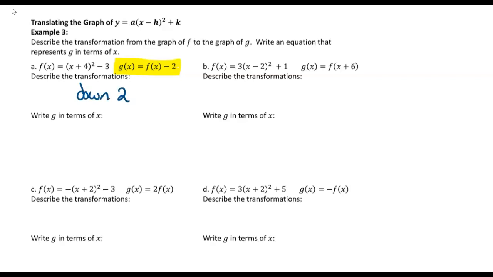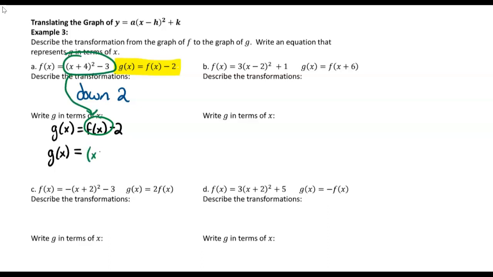Now, we did this back in 8.2. So this is something we've done before. So we're going to write g in terms of x. So I'm just going to write g of x equals f of x minus 2. I'm just copying that down here. So f of x is our equation right here. So I'm going to take that, I'm going to plug it in instead of f of x.